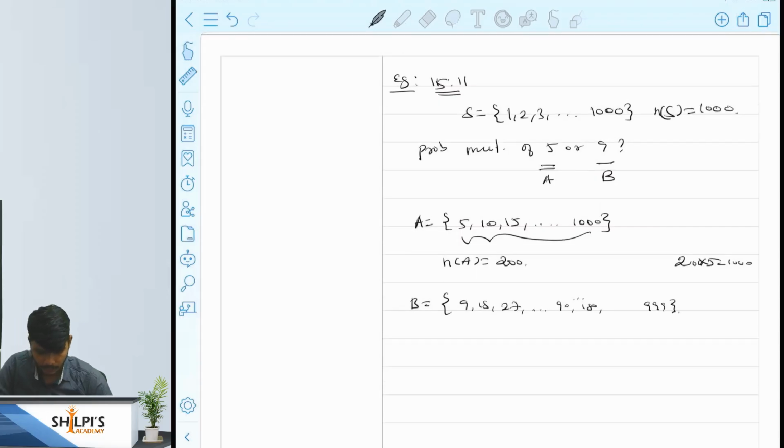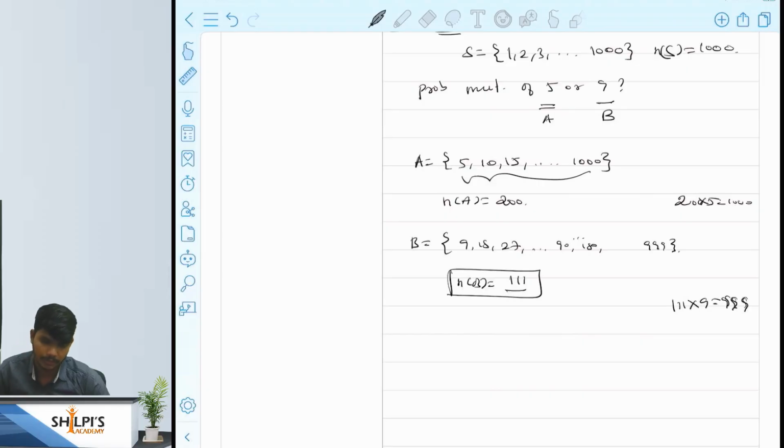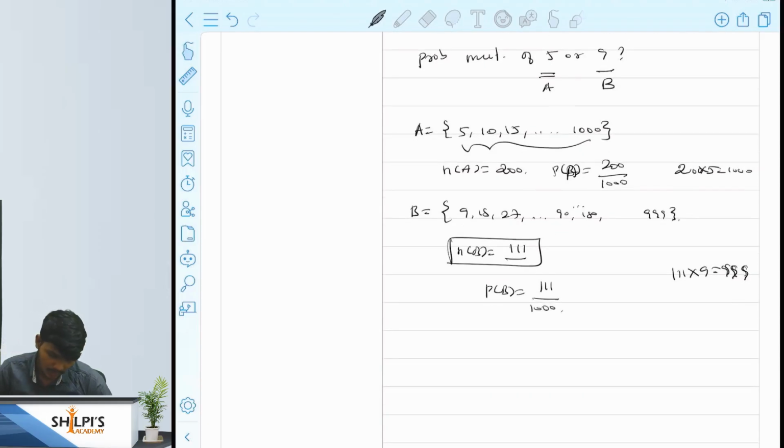Since 999 is the last number, definitely I'll have 111 numbers in this set, since 111 into 9 is 999. So the probability for this event is 200 by the whole set, 1000. Similarly, the probability for this event is 111 divided by 1000. If these two events are mutually exclusive, we can use the addition theorem.